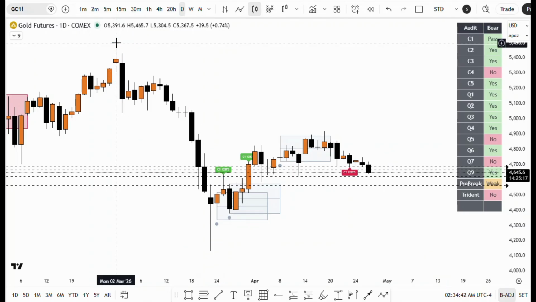In either case, you're going to need a bias. This prevents you from taking every single fair value gap that you see, regardless of if it's bullish or bearish. And by the way, you need these things in any time frame. In this example, I'm using the daily.